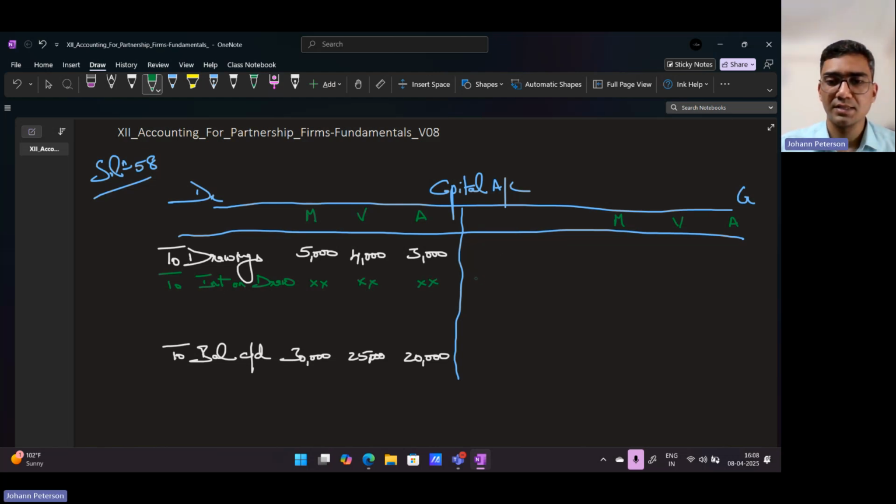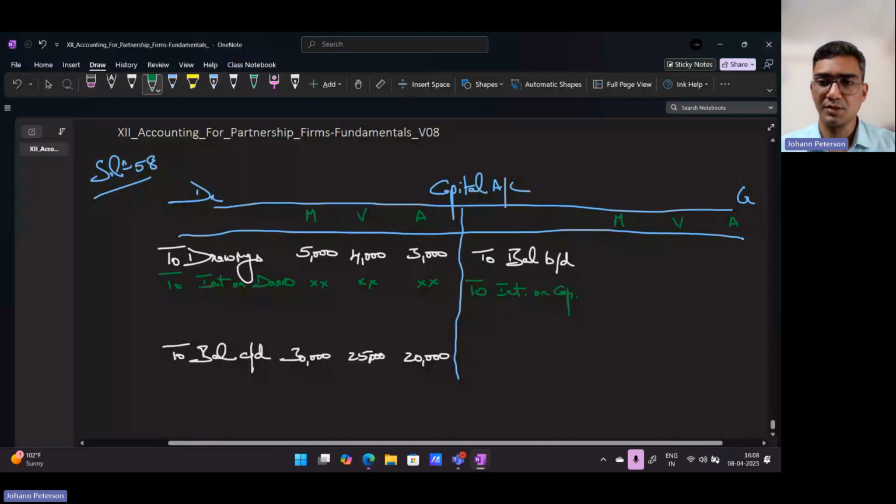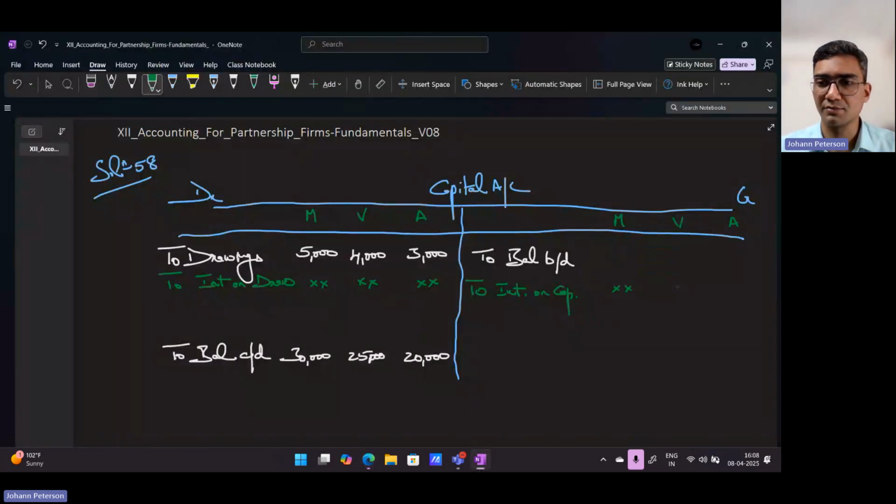Similarly, on the credit side, the first item, which is opening capital, that is required to be found. So we will write it here. So 2 balance brought down. This is required to be found, so I'm not entering it. The other item which we are not written in this is interest on capital. How much is that interest on capital? We don't have to bother about because we have not taken it into account.